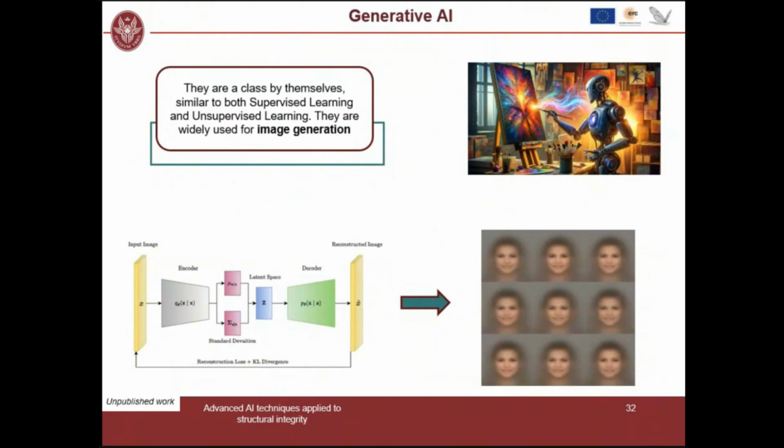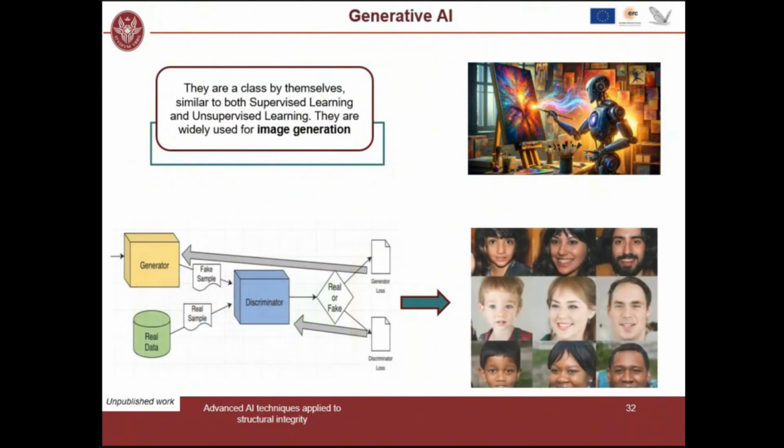One of the most famous kinds of generative AI was the generative adversarial network, where there were two neural networks. One was the generator, one was the discriminator. The generator was generating fake images, and the discriminator had to discriminate whether the image was fake or true.